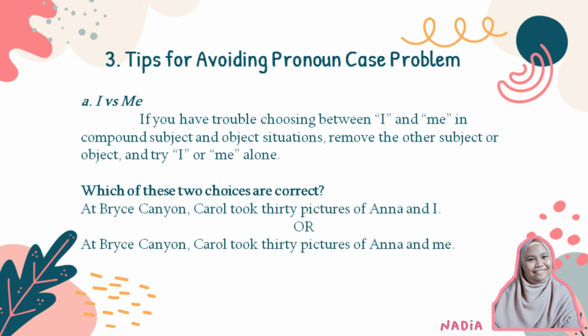At Brian's Canyon Crawl took 30 pictures of Anna and I, or at Brian's Canyon Crawl took 30 pictures of Anna and me. The result: since the correct choice alone is me, the correct choice within the compound object is also me. So at Brian's Canyon Crawl took 30 pictures of Anna and me is right.